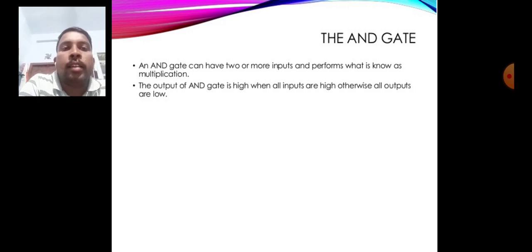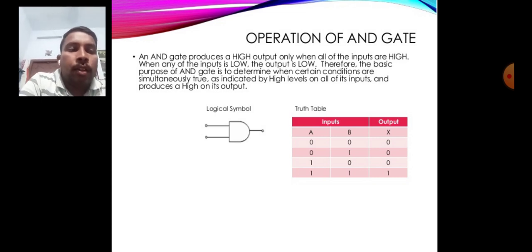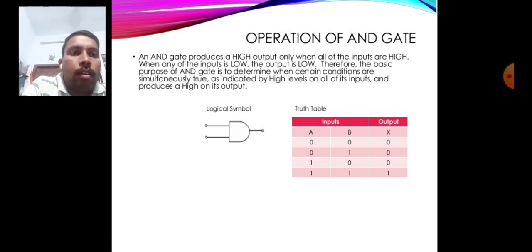The output of the AND gate is high only when all the inputs are high, otherwise the output is low. Now the operation of the AND gate: it produces a high output only when all the inputs are high.